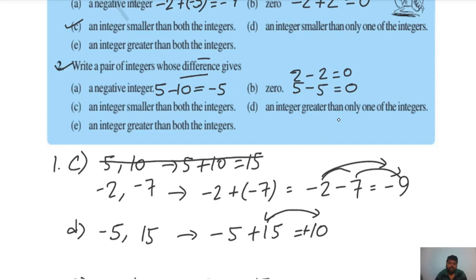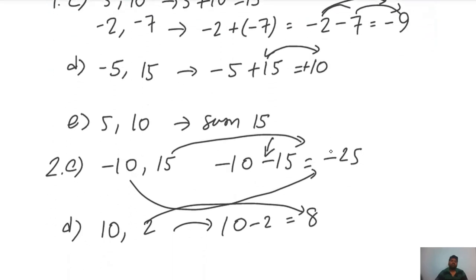An integer greater than only one of the integers. So we take two positive integers, we get this.